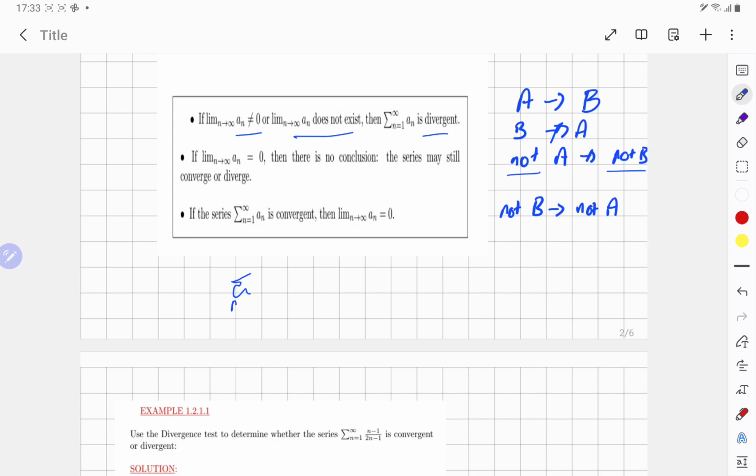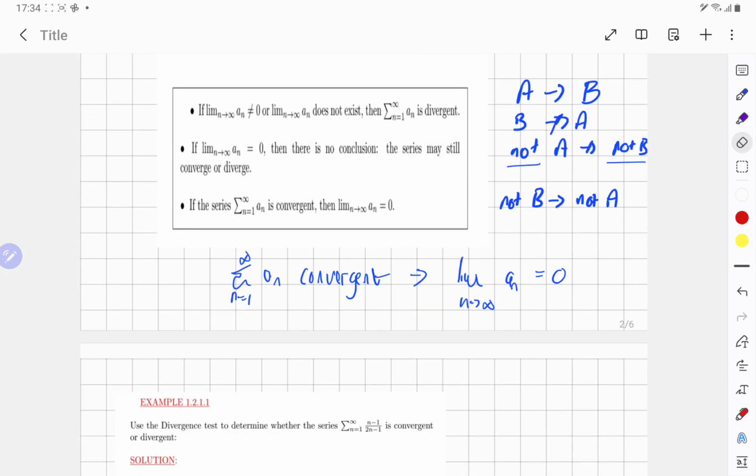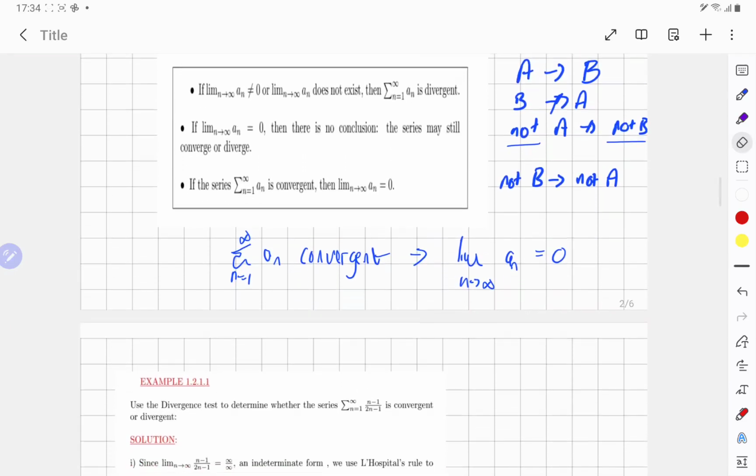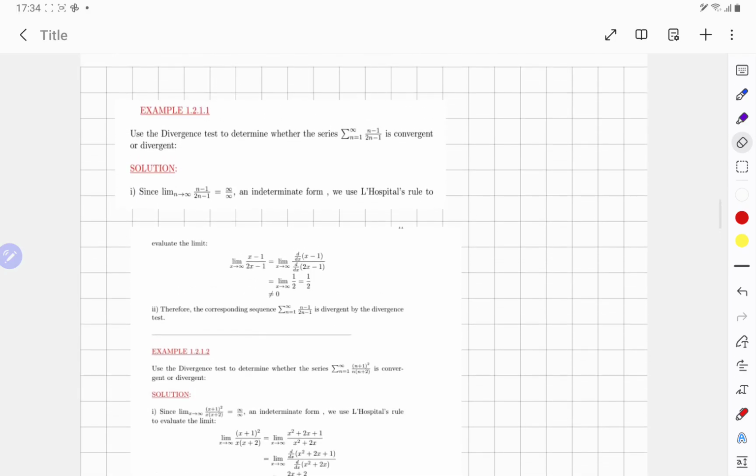So I can say if my series is convergent, then my limit of my sequence will be 0. These statements are very important for what's coming, but I will mention it again as we go along with examples.